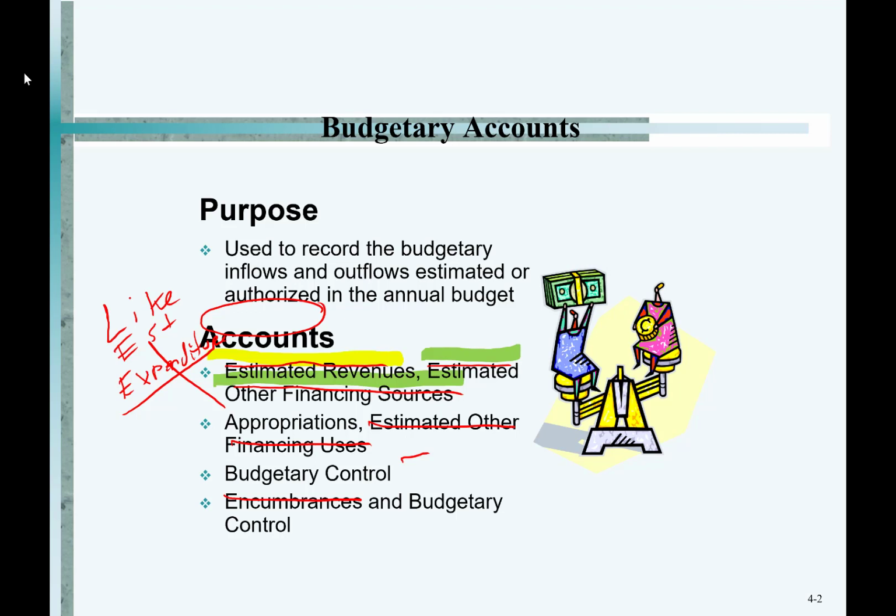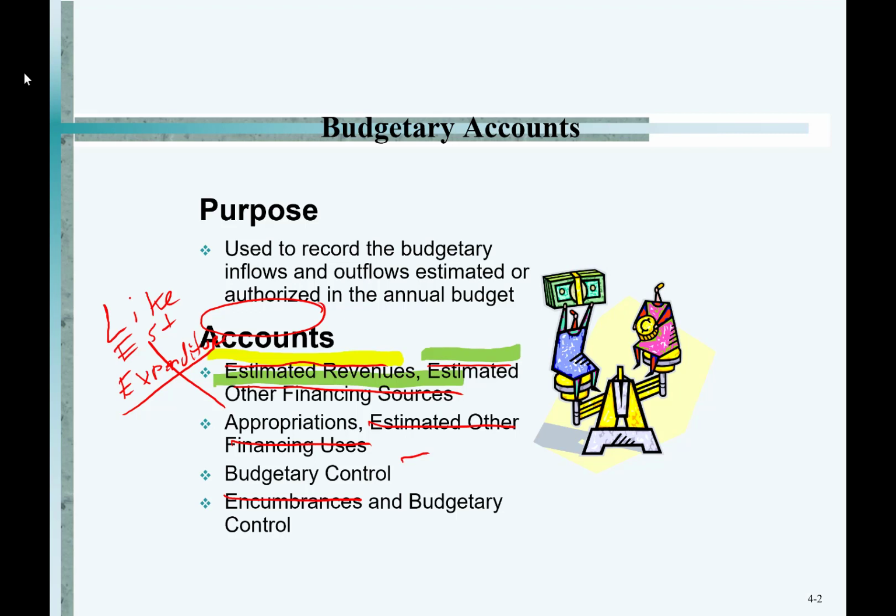Good. Well, when we start the year and ask what we think our other financing sources are going to be, we use the word what? Estimated other financing sources, because they're a budgetary account. So we've got our resource inflows, which are estimated revenues and estimated other financing sources, and they are budgetary accounts because they have the word estimated in front of them.